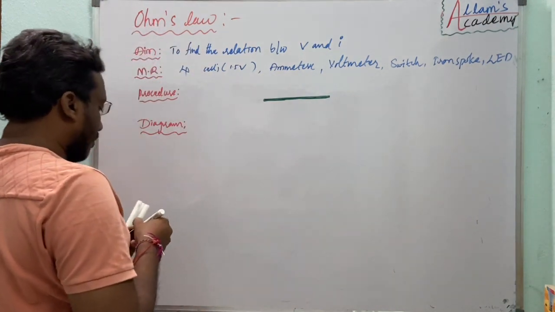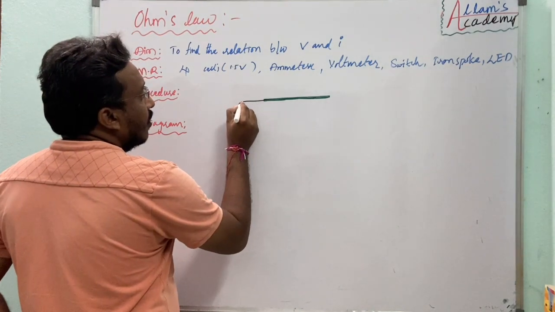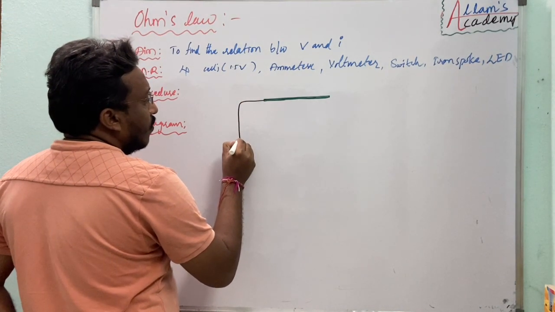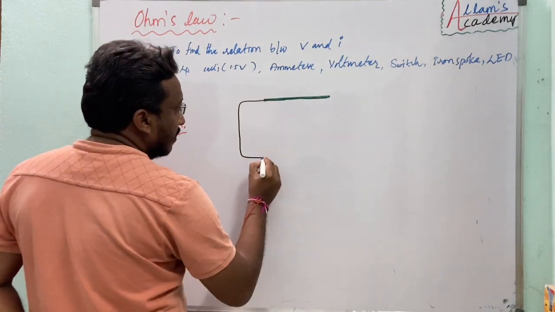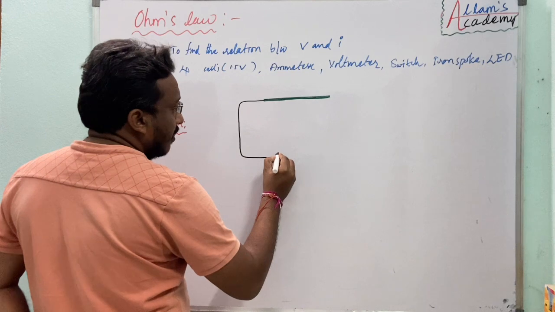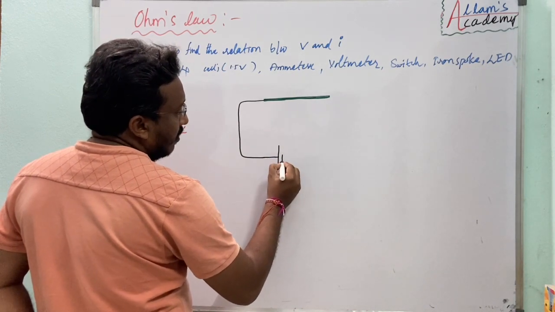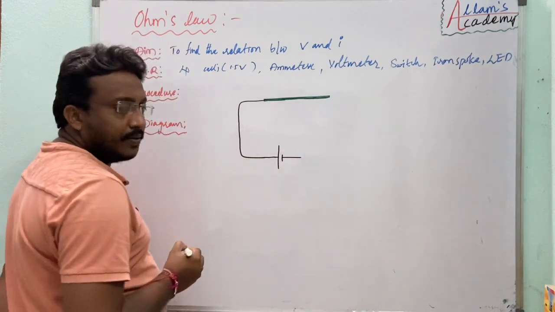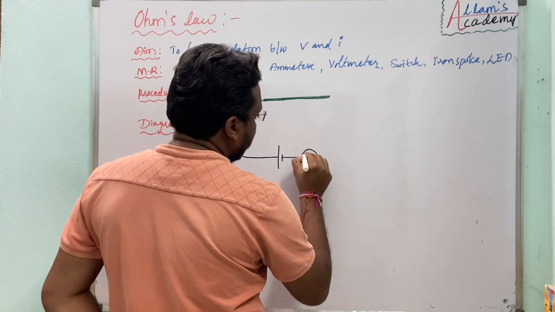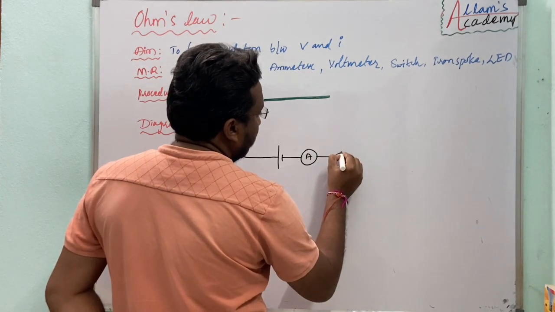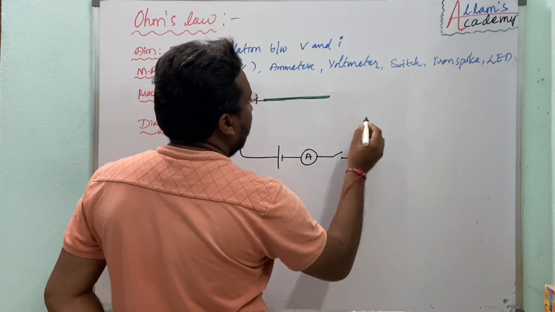Okay, and connect this iron spoke with a copper wire, and a battery, and an ammeter, and a switch.